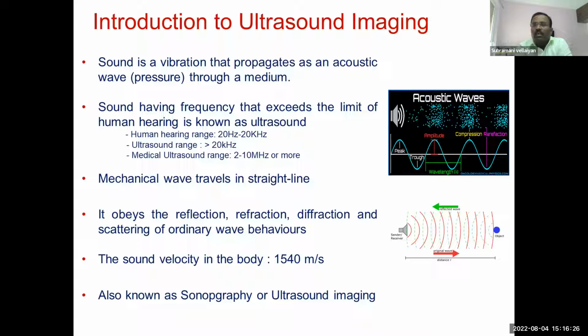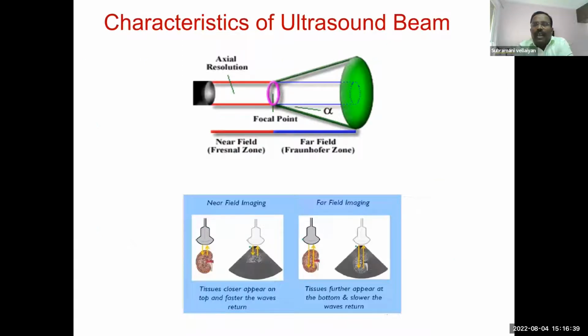Coming to the characteristic areas, when you look at an unfocused beam of ultrasound, one is called the near field or Fresnel zone. Another is called the far field or Fraunhofer zone. The near field means the region of convergence of the beam, basically up to the focal point. Beyond the focal point, the divergence region is called the far field.